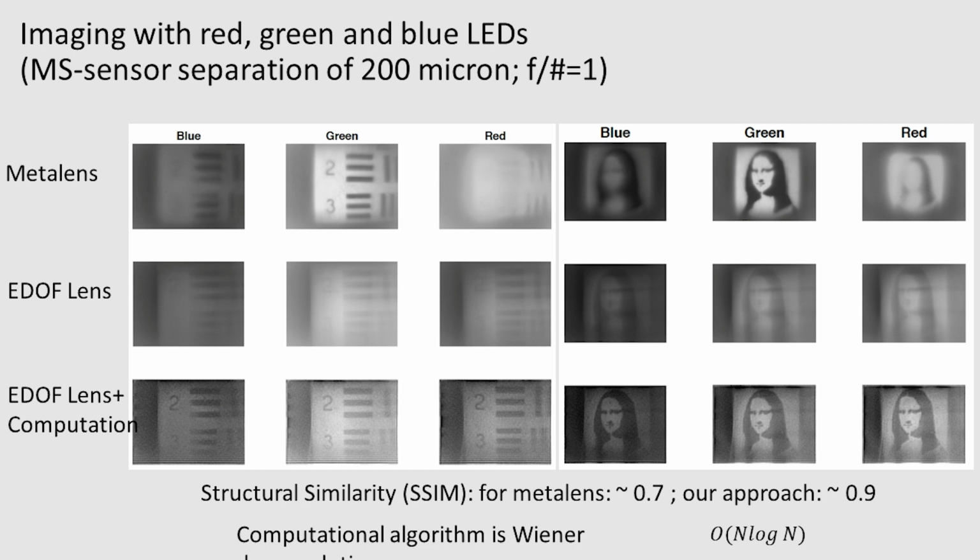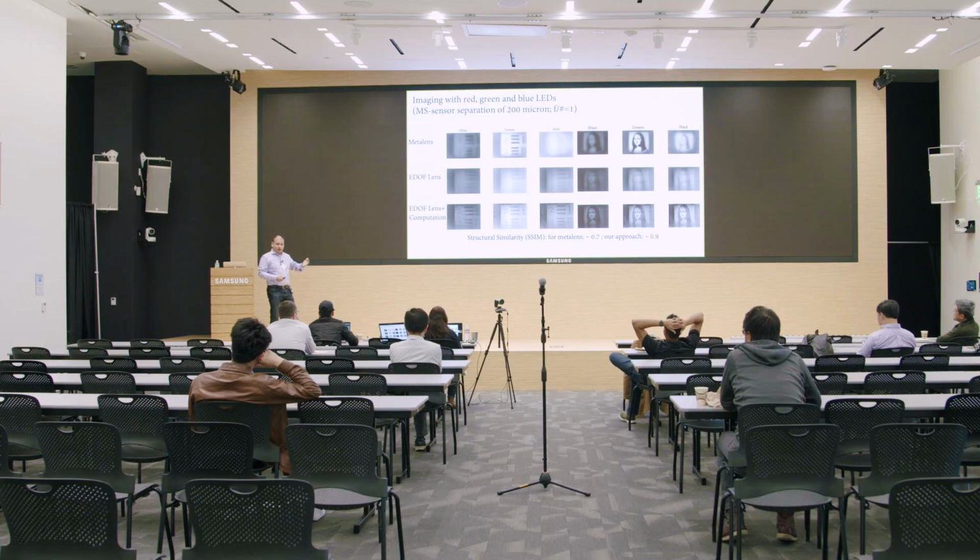You can see there is some streaking going on, and I'm going to bring this back. The streaking happens because we are using a rotationally asymmetric point spread function. The point spread function that we have looks kind of L-shaped. That's the reason we have streaking, and we have some solutions that we are still working on. We can quantify how good our approach is using the structural similarity index. For the meta lens, it's around 0.7.